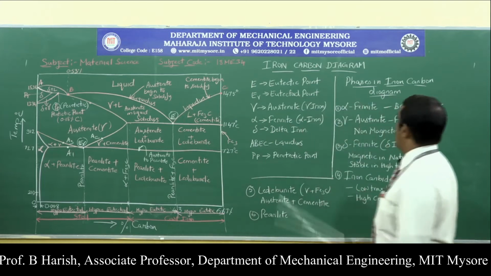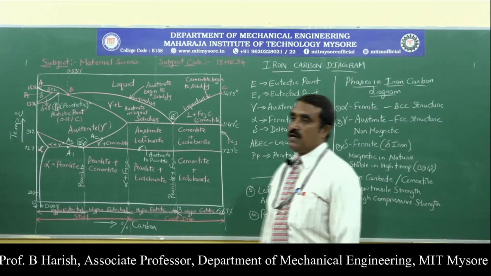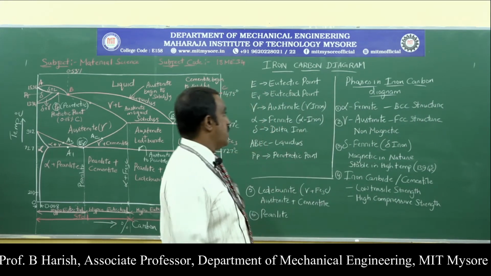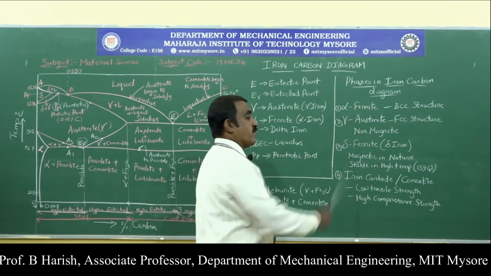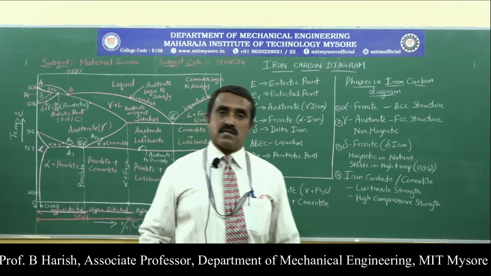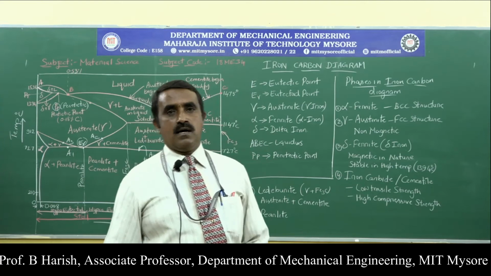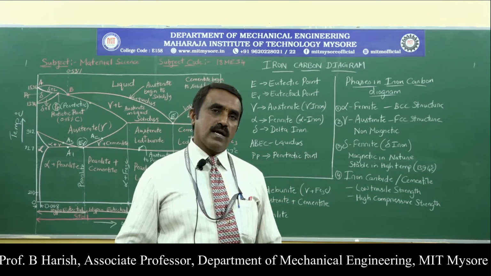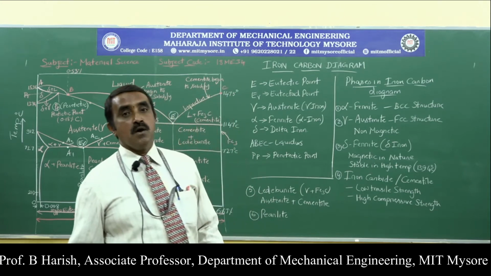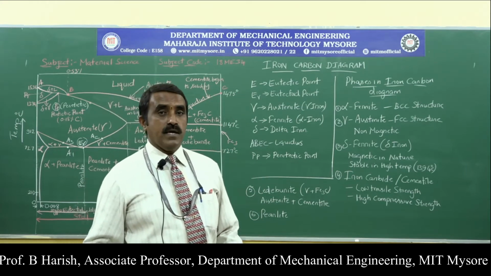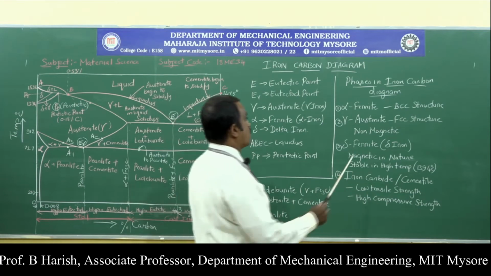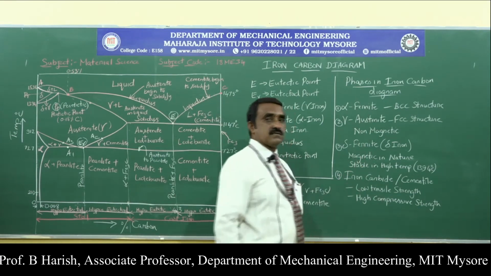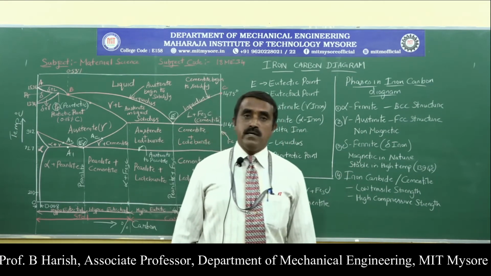That is one of the phases of iron in the iron carbon diagram. This alpha ferrite will have a BCC structure, that is the body centered cubic structure. It is the softest form of iron.